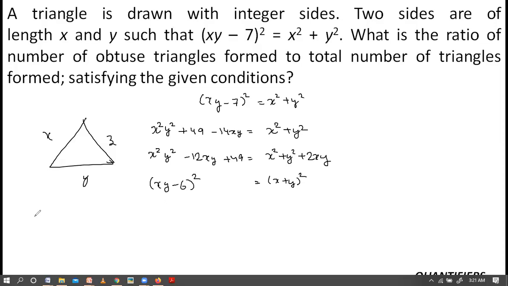Which is nothing but x^2 y^2 + 36 - 12xy. So from 49 I have taken 36, so the remaining will be 13. So basically (xy - 6)^2 + 13 is equal to (x + y)^2. This is my required result, right?